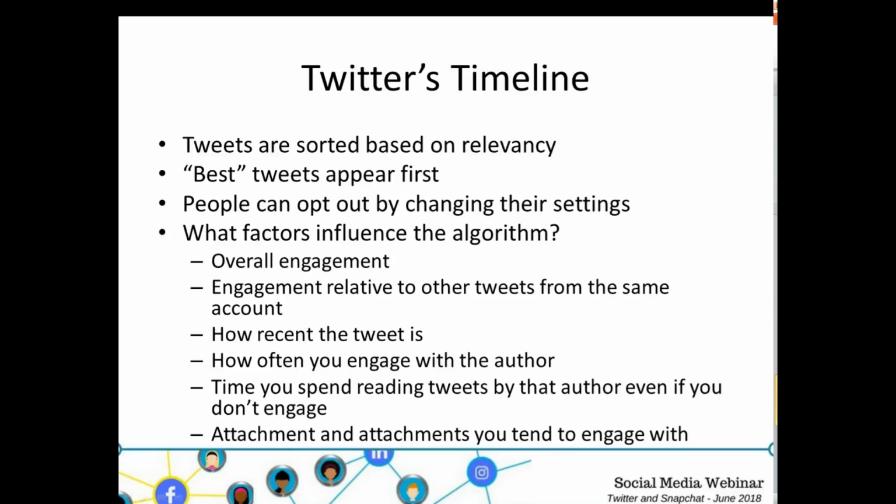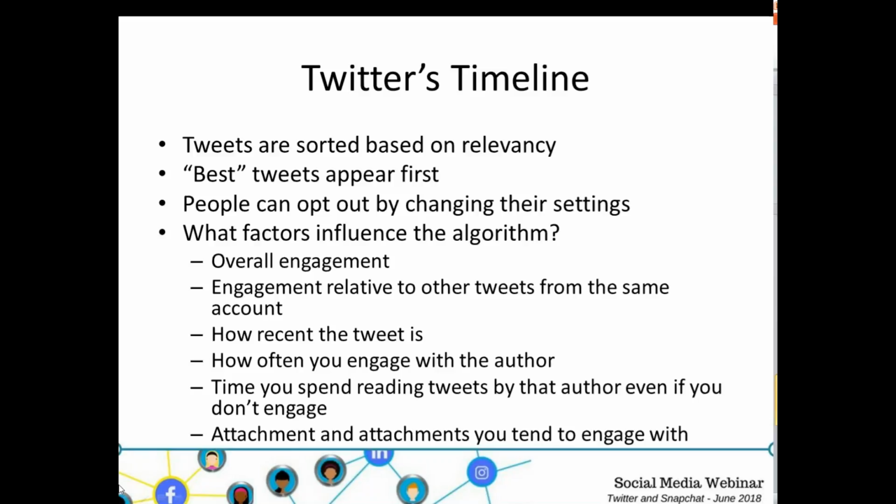Tweets are sorted based on relevancy, and they consider the tweets that appear at the top of your feed the best tweets for you out of all the accounts that you follow and all of their tweets.